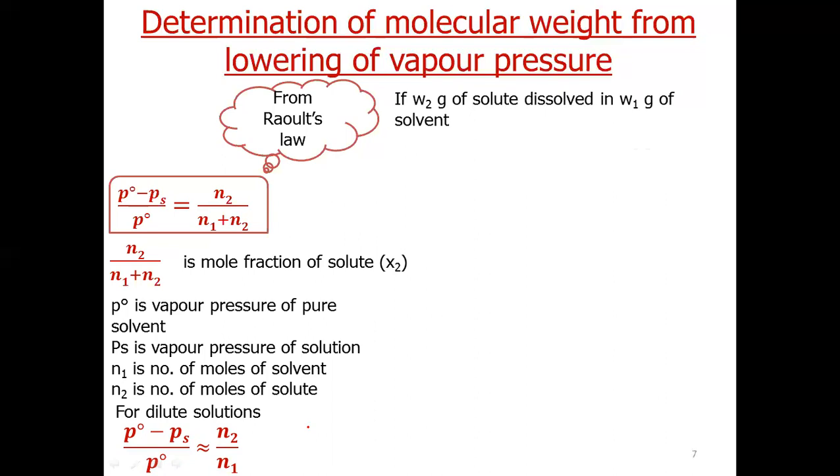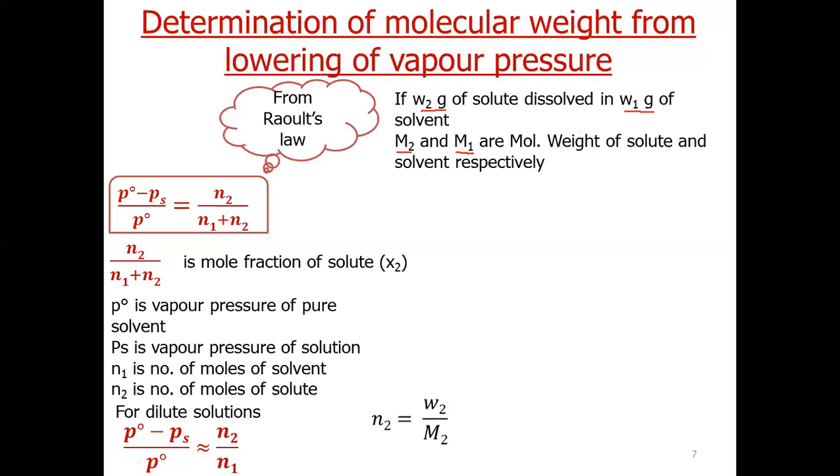Now, suppose that we have prepared the solution by dissolving W2 gram of solute in W1 gram of solvent, and suppose M2 is molecular weight of solute and M1 is molecular weight of solvent.